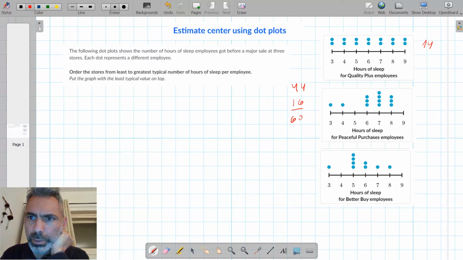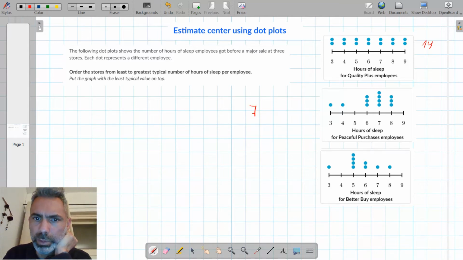And 60 plus 18 is 78. So the first group, the employees of Quality Plus, slept 78 hours in total, and there are 14, so 78 divided by 14.